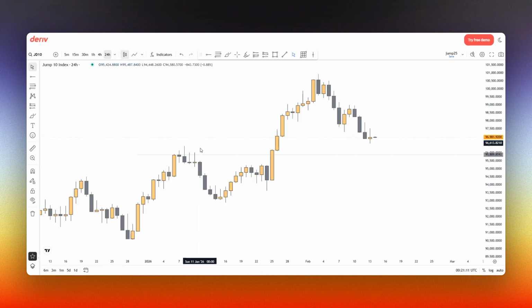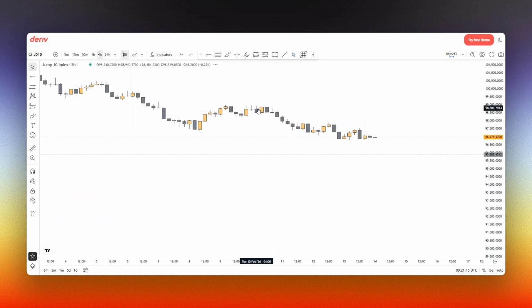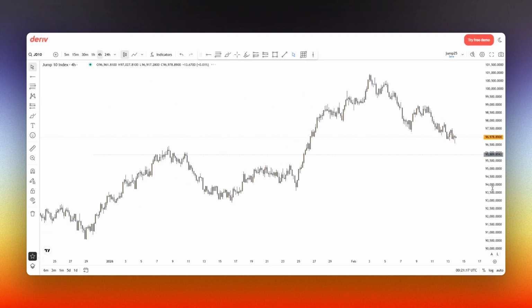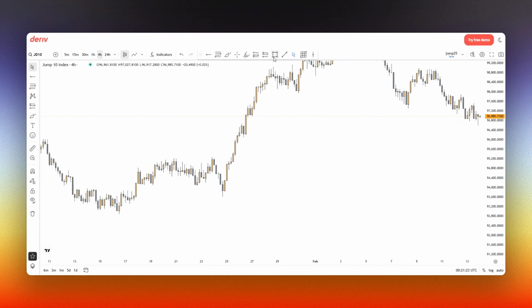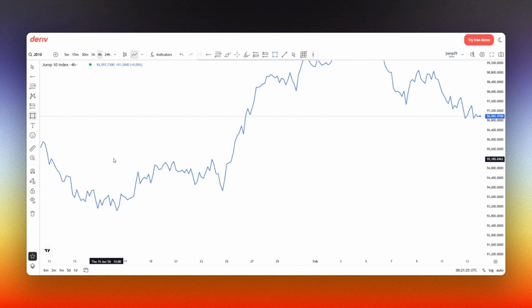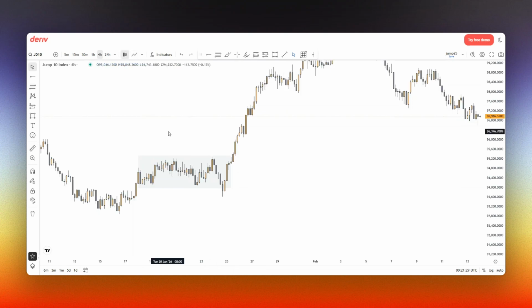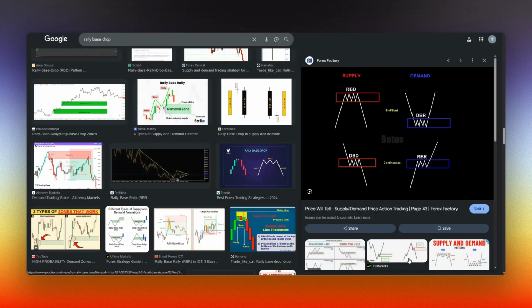Based on what I showed you, I'm sure it's here. Yet again, based on what I showed you, you can see something here. This is similar to this, because it's a rally base rally.